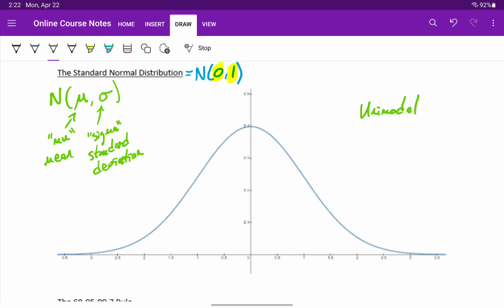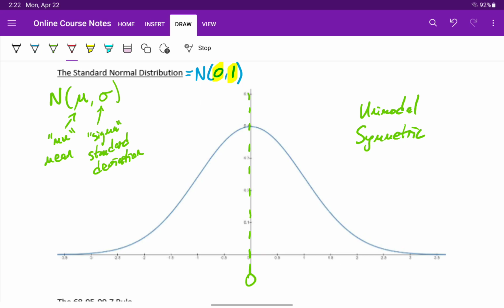So we have a single mound versus multiple peaks occurring, and a symmetric distribution. More specifically, it's always symmetric about the mean of the distribution, so in this case 0.